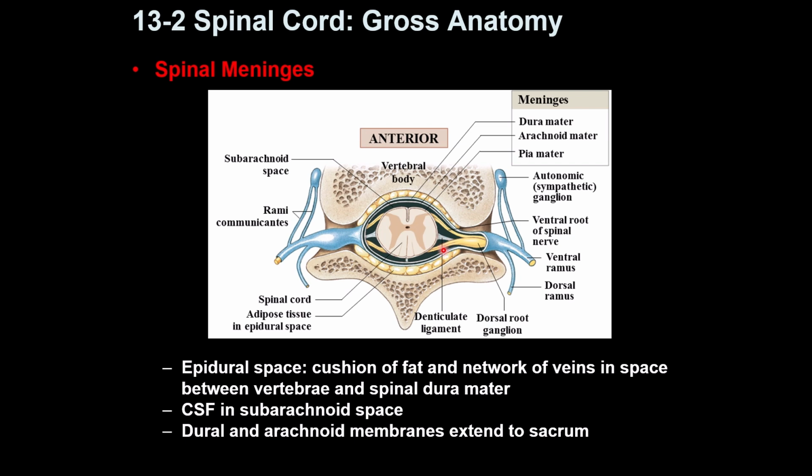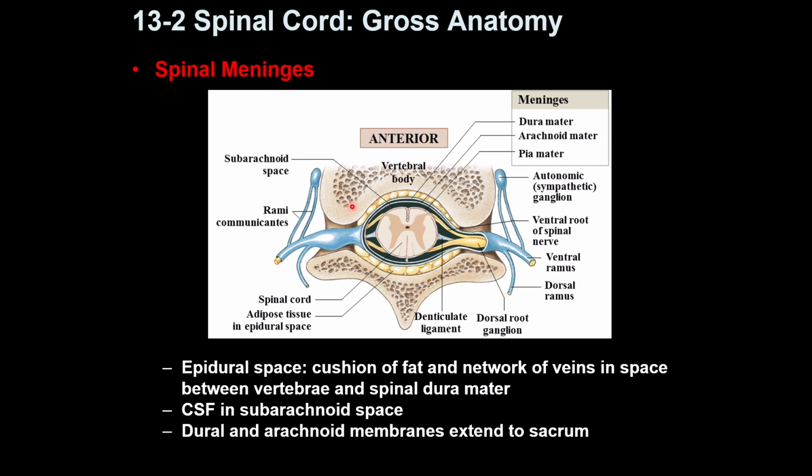If you put multiple vertebrae on top of each other, or multiple vertebral foramina on top of each other, then you will create a vertebral canal. And the spinal cord is located inside the vertebral canal.